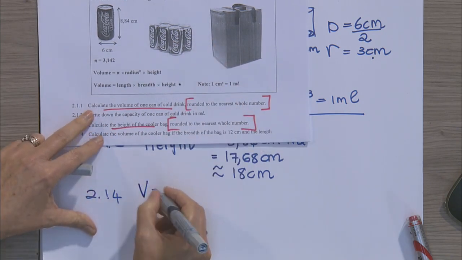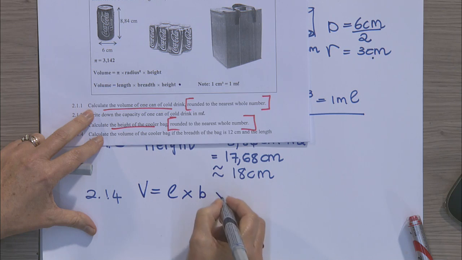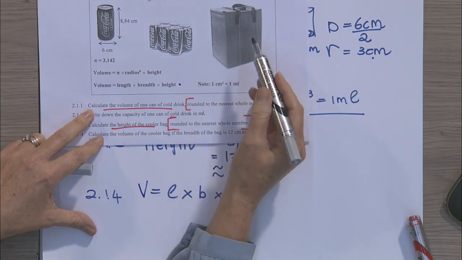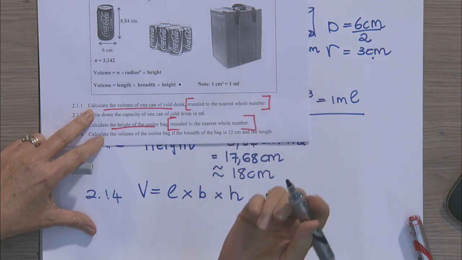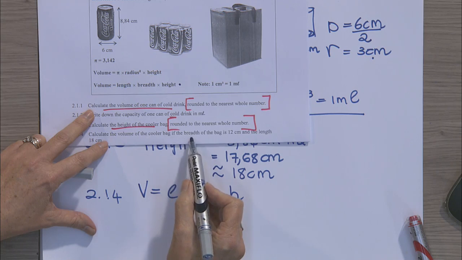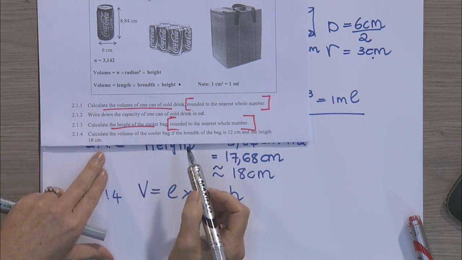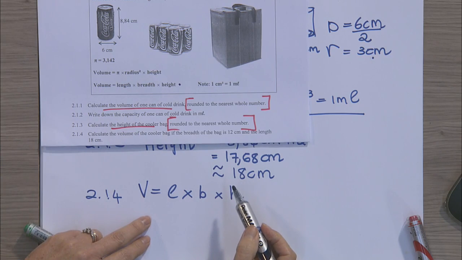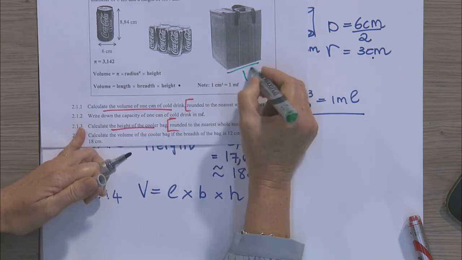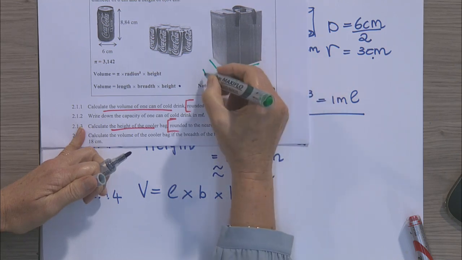There it is. Volume is length times breadth times height because it's a rectangular prism. And they gave me the breadth of the bag and the length of the bag. They say the length of the bag is 18. They tell me that that is 12.